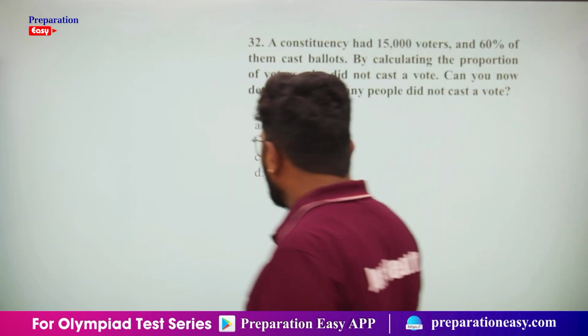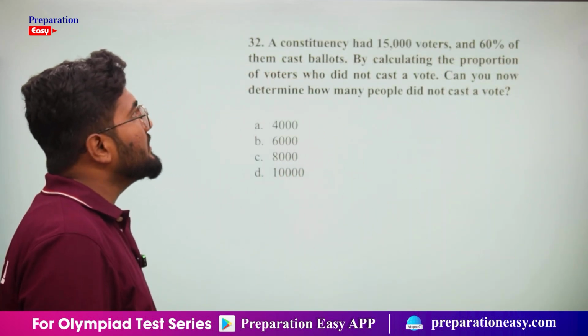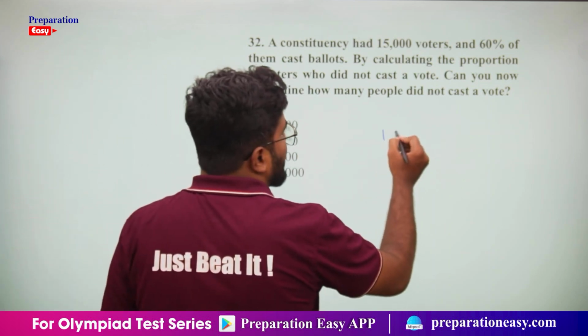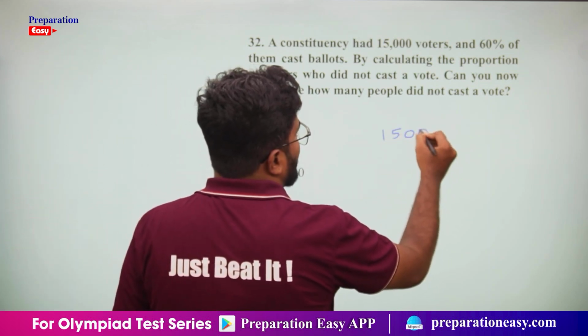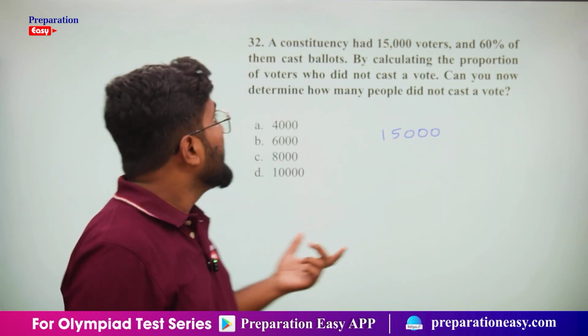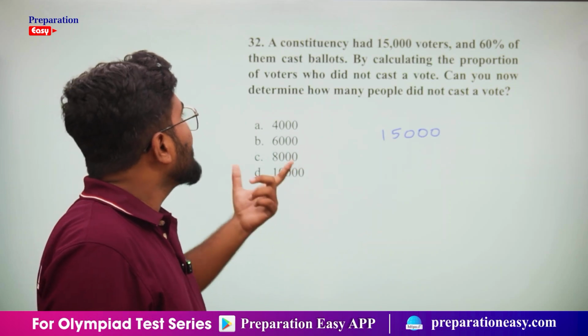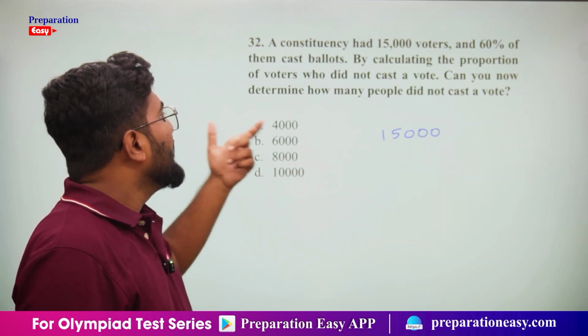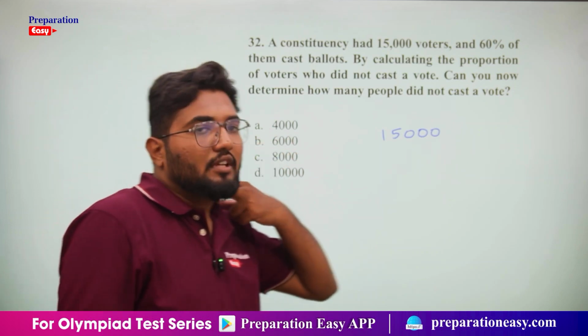Okay. So question number 32. A constituency had 15,000 voters. And 60% of them cast ballots. By calculating the proportion of voters who did not cast a vote, can you now determine how many people did not cast a vote?